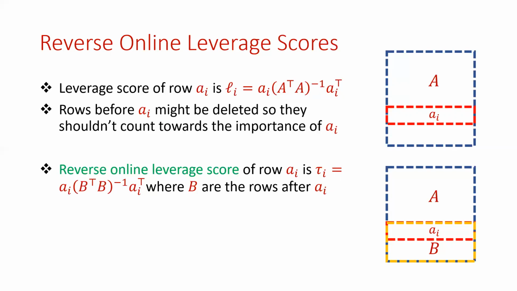So instead, if we take B to be the submatrix consisting of the rows after A_i, so that B is the yellow submatrix in the bottom diagram, then we define the reverse online leverage score of row A_i with respect to this matrix B.